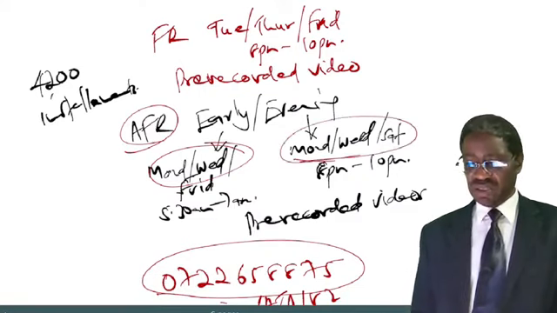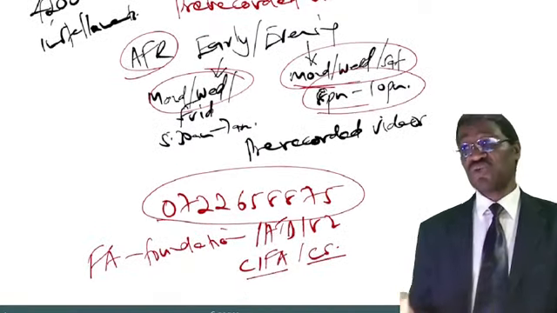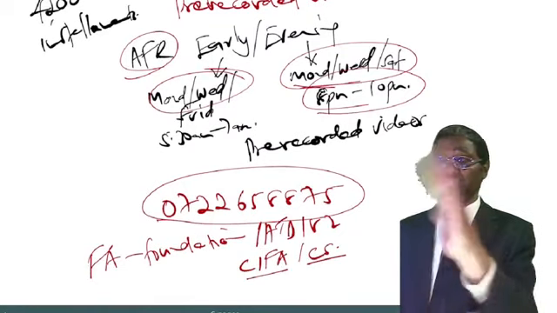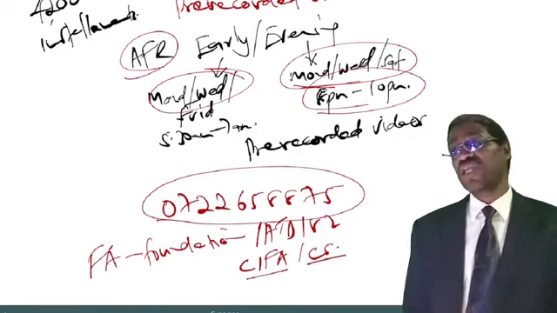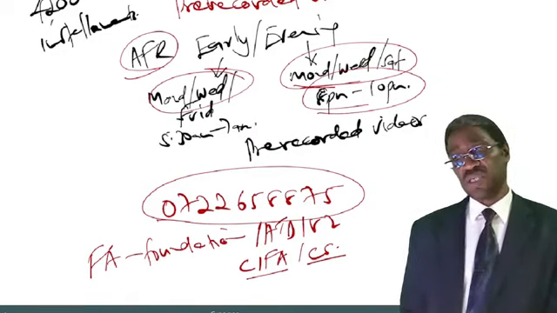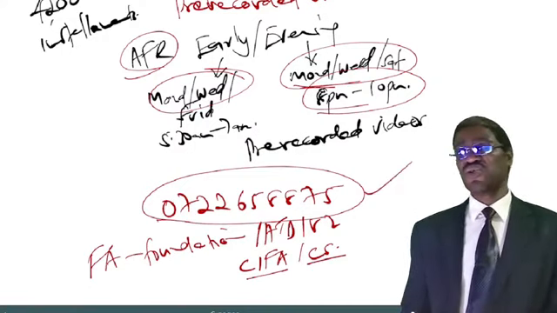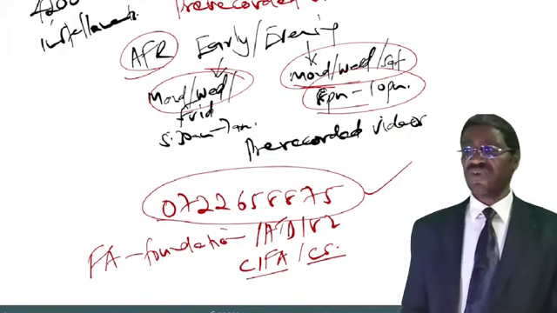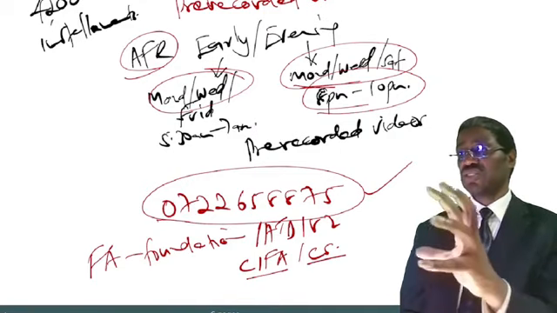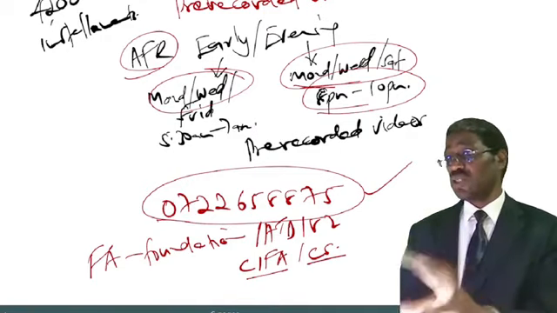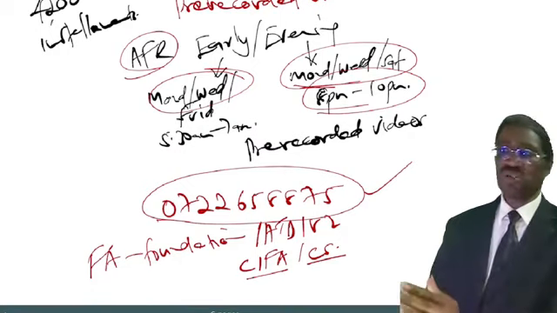For the evening, Monday, Wednesday, and Saturday, from 8 p.m. to 10 p.m. Whether financial reporting or advanced financial reporting, if they can't attend the live class, they can buy the pre-recorded videos for the whole syllabus and watch them at their own free time. I've given you my number there, 0722 65 8875. We have also said financial accounting, for your friends who are doing foundation level, ATD level 1, ATD level 2, or CFA, or CS.